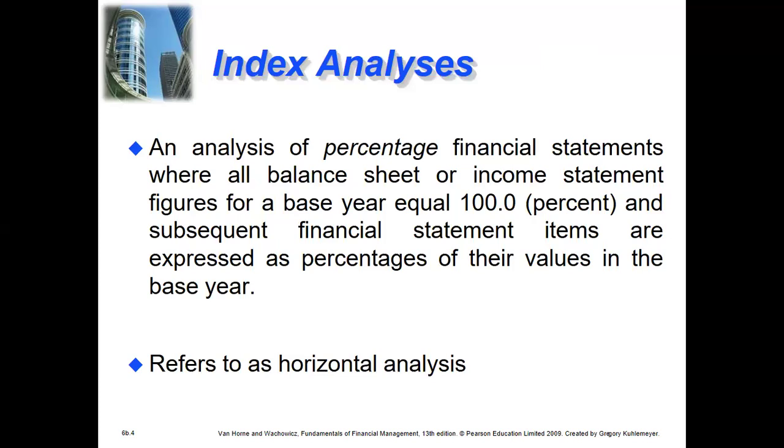So if the statement is for 2023, we can pick the property, plant and equipment value for 2023 and compare it to the property, plant and equipment value for 2022. When you do that, we will say we are doing index analysis or horizontal analysis.